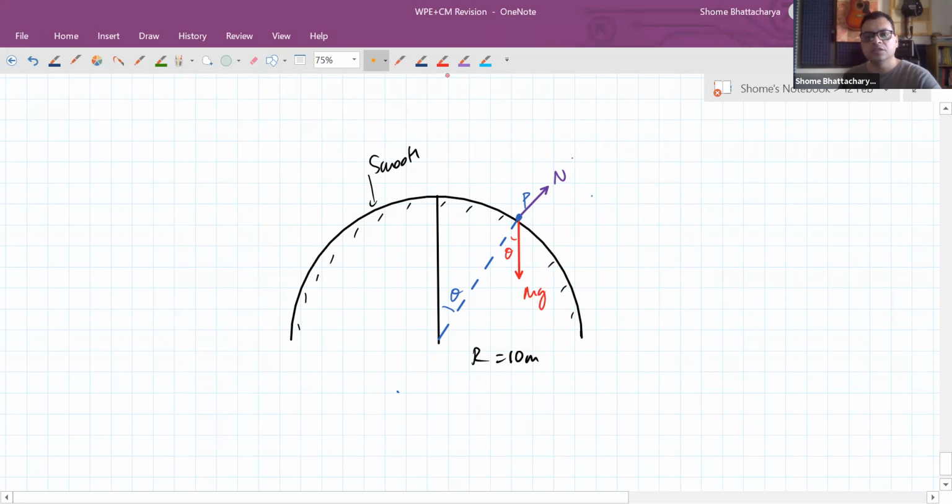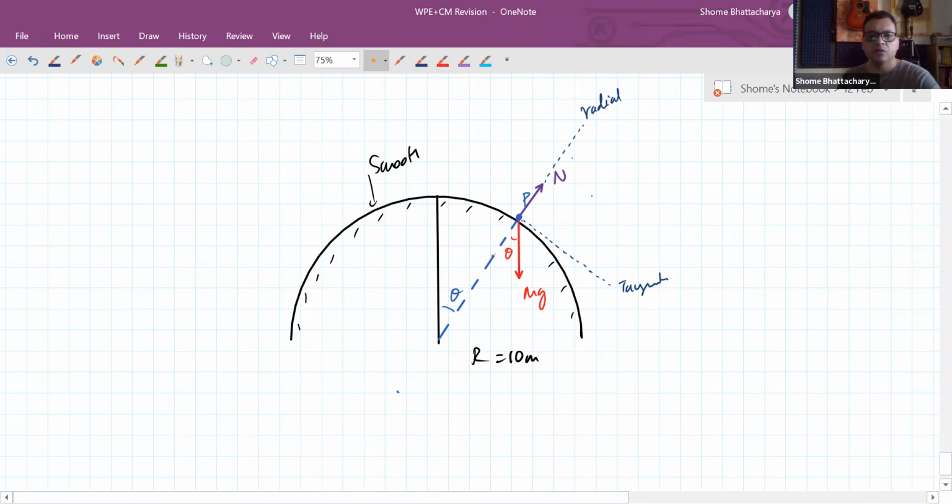Okay. Now you can see that for its circular path, this is the tangential direction, and this is the radial direction, the direction in which normal reaction is acting. So now we'll have to break the weight into its components.